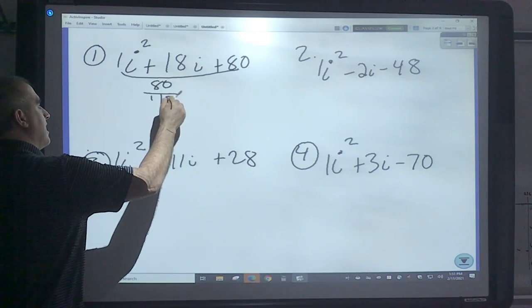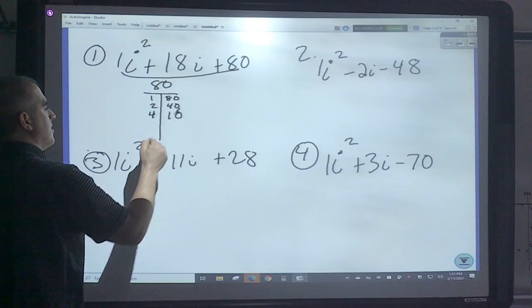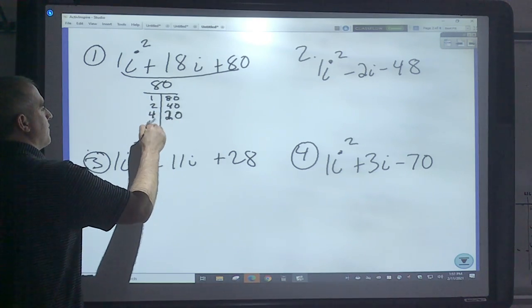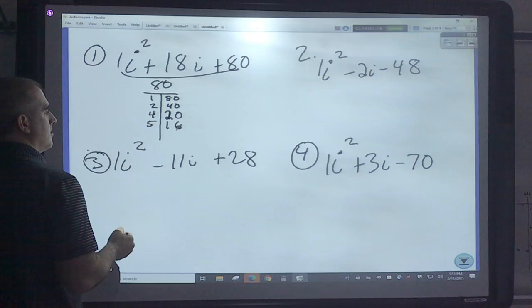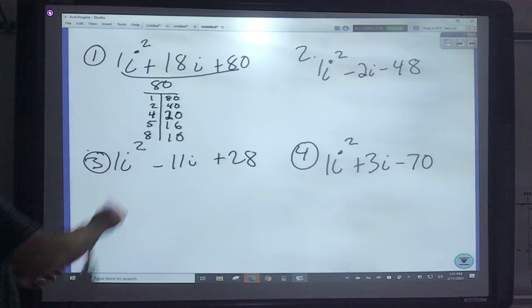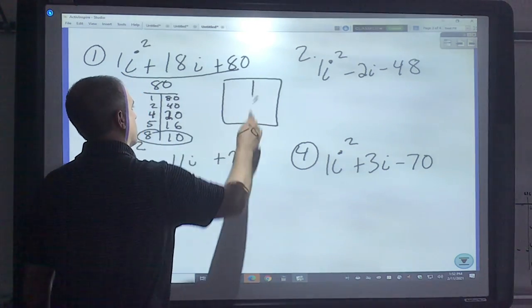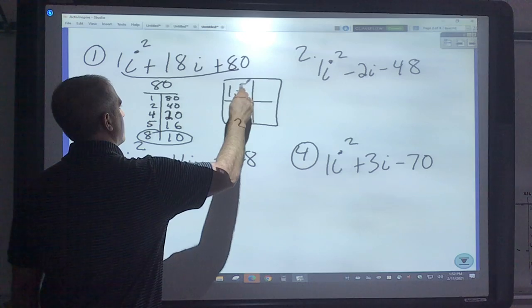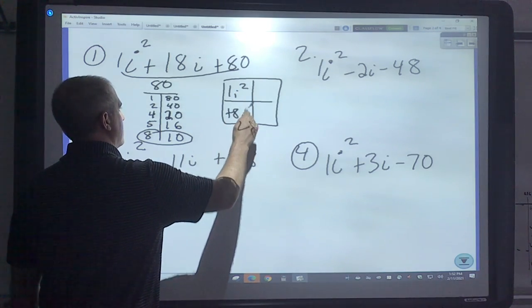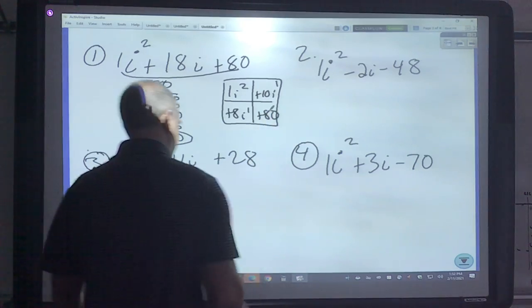Factors of 80 are 1 and 80, 2 and 40, 4 and 20, 5 and 16, 8 and 10. I am looking for the set that adds up to 18. It would be this set. So 1i squared plus 8i to the first plus 10i to the first plus 80.